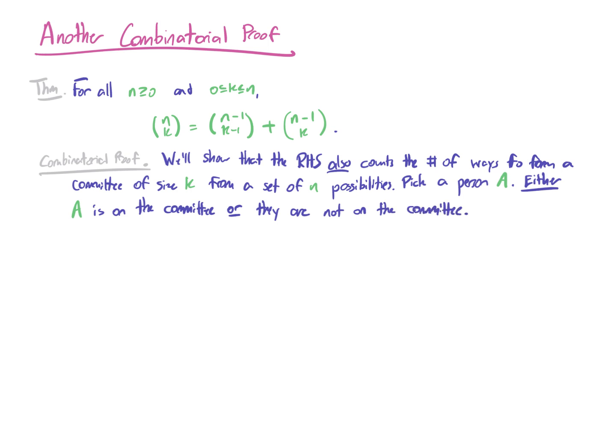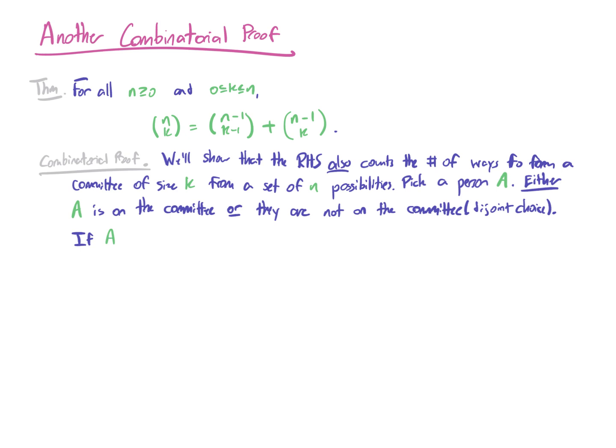You can't be both on the committee and not on the committee. And that means that we're looking at a disjoint choice type of situation. So let's consider how many ways each of these possibilities could occur.